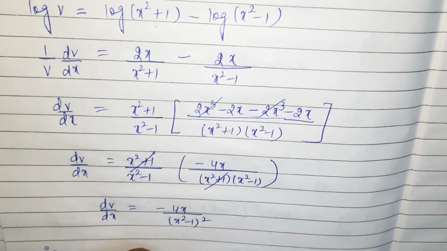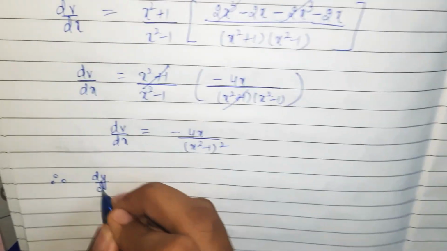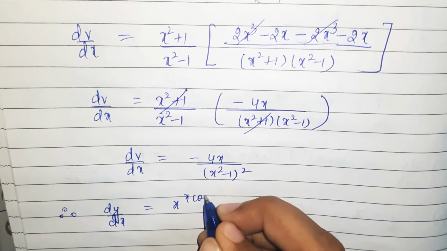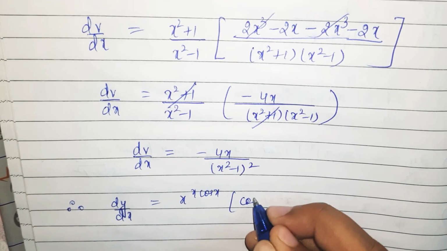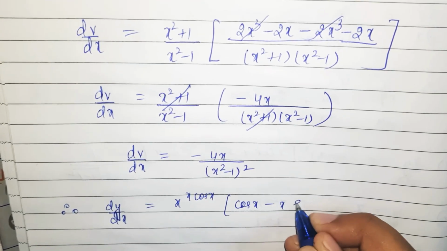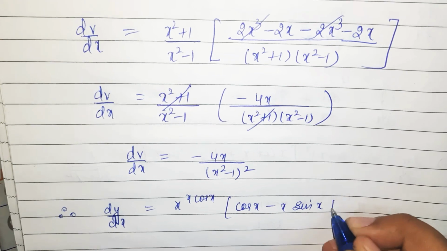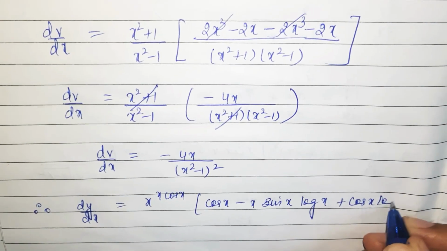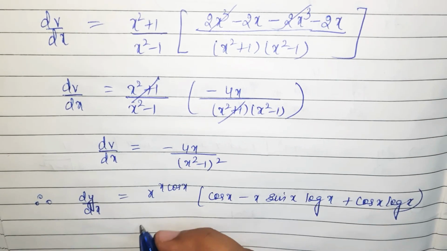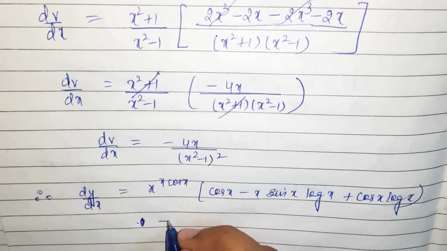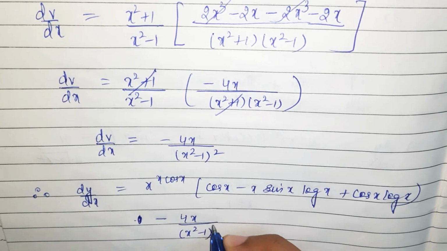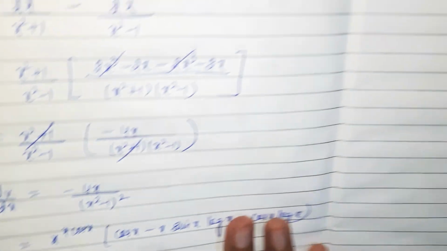So therefore dy by dx will become x cos x minus x sin x log x plus cos x log x, plus, it will become minus because this is minus 4x over x square minus 1 whole square.